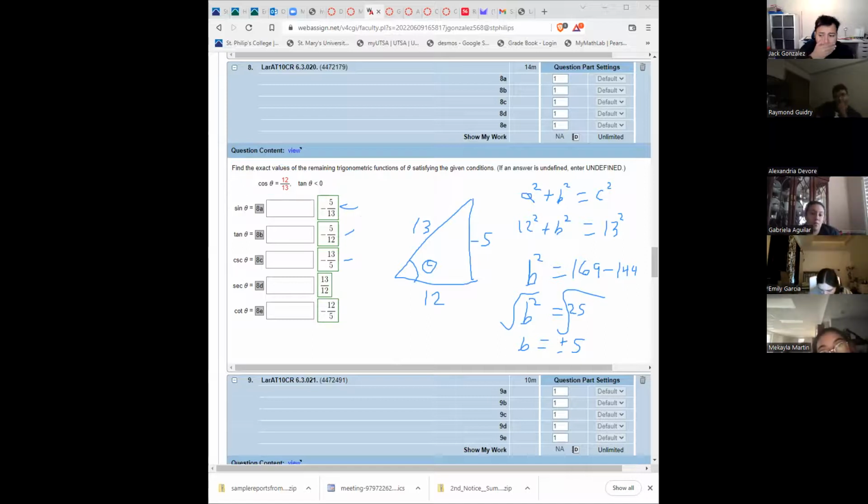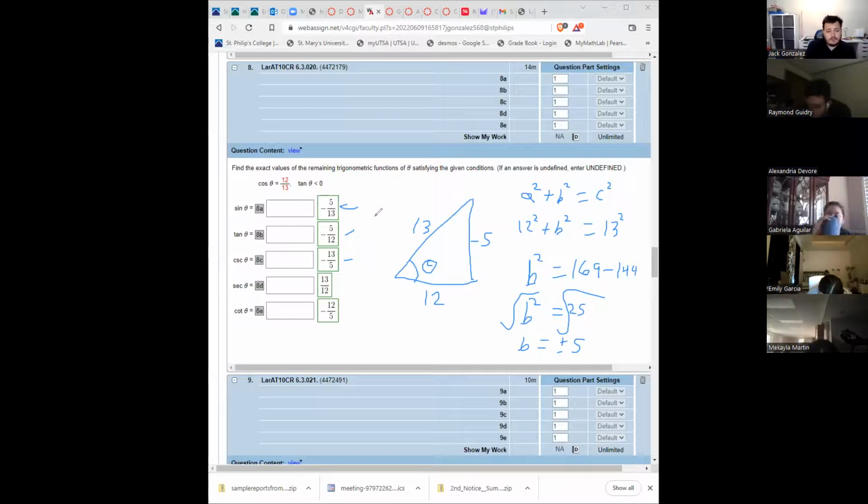Does that make sense? So anytime you do square root of both sides, you have to do plus or minus every time. I've just been choosing to only write positive because we were dealing with quadrant 1 and it didn't matter. Now it does. Okay.